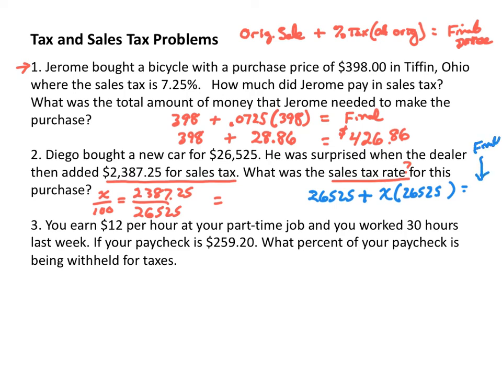The final price will be 26,525 plus 2387.25. We'll have to add those together, okay? 26,525 plus 2387.25 equals 28,912.25.